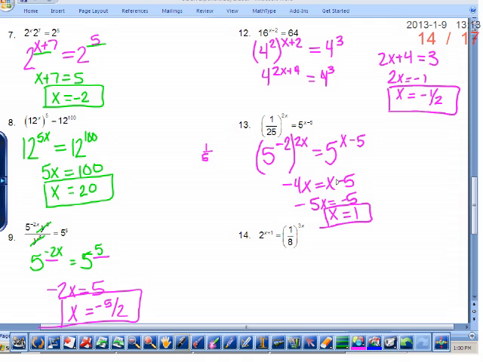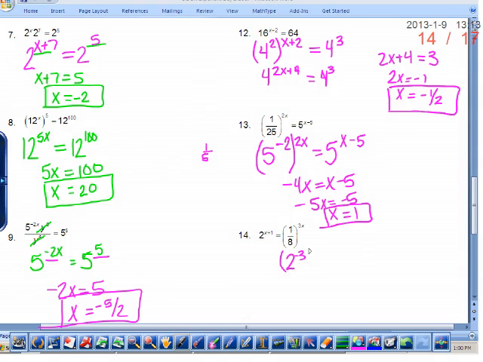All right. Looks like we all pretty much got there. What'd you get? Negative 1/10. You should have rewritten 1/8 as 2 to the negative 3rd power.